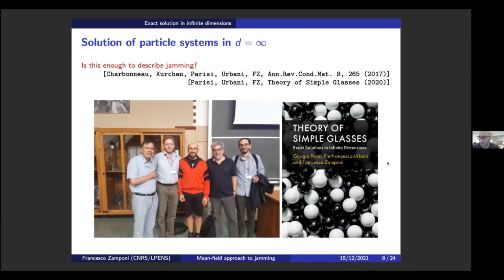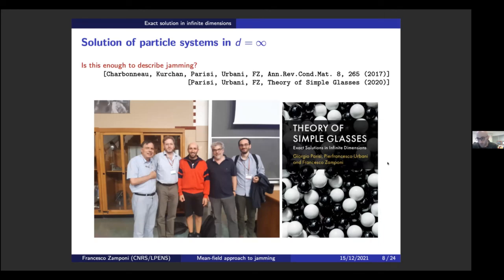In principle, the machinery of this infinite dimensional approach is quite general: you can use it for whatever potential or physical situation you want, except that then you can run into technical trouble, when you have equations that you don't know how to solve. So it is not clear, for example, in the active case, whether the same exponents will be there. That's a very interesting problem that for the moment we were not able to solve. We have been trying for a few years, but we need to solve the dynamical equations.